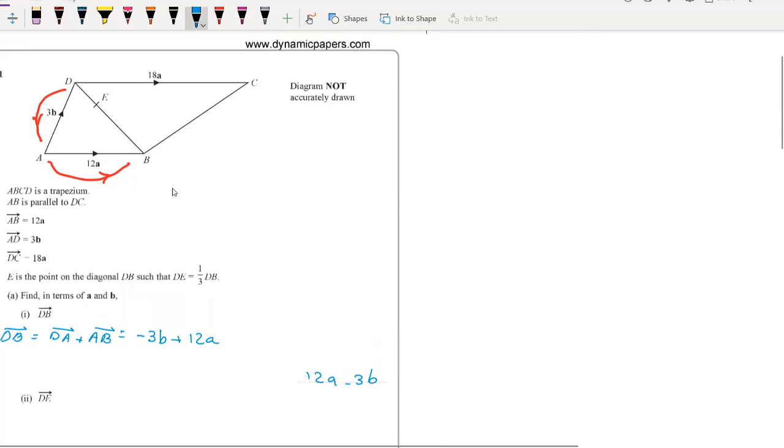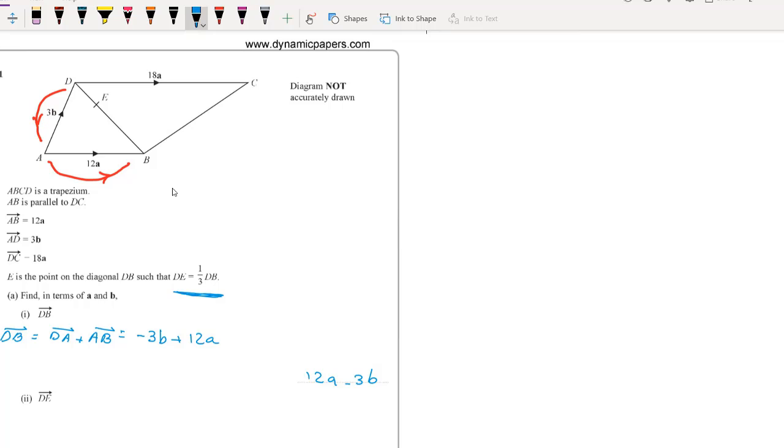So DE, he gave us in the syntax of the question that DE is 1/3 DB. This is in terms of size. But we have the vector DE also is in the same direction as DB.